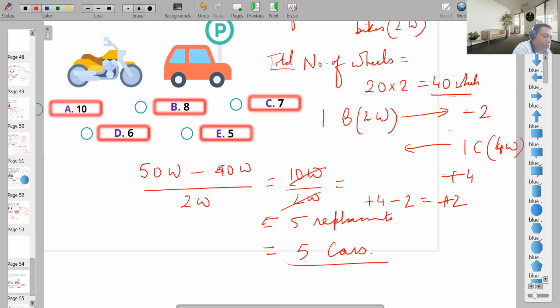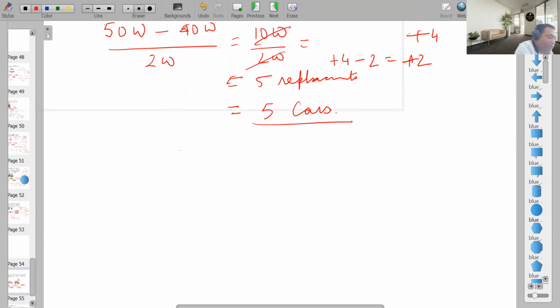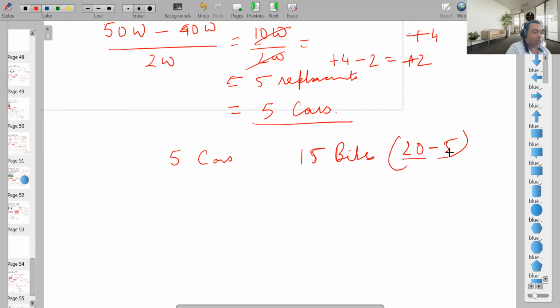So we can check it out also. If we have 5 cars, we will have 15 bikes, which is 20 minus 5, because 20 was your total number of vehicles. Now let's calculate their number of wheels. 15 bikes will have 15 times 2, 30 wheels, and 5 cars will have 5 times 4, 20 wheels.